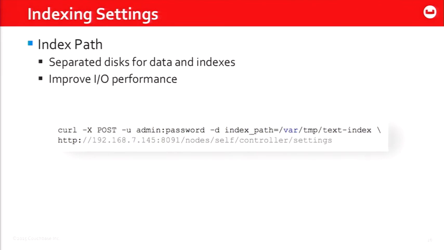If your cluster is using spinning disks, then it's anyway recommended to use SSDs for the index, right? And in this case, you can just point to another mount point where your SSDs are mounted in order to have fast access to the indexes, right?